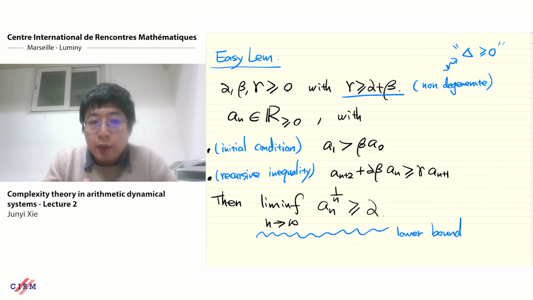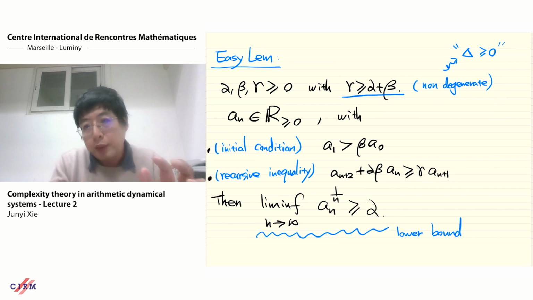Another is an initial condition, which means that A1 is larger than beta A0. And a recursive inequality: A_{n+2} plus alpha beta A_n is larger than or equal to gamma A_{n+1}.